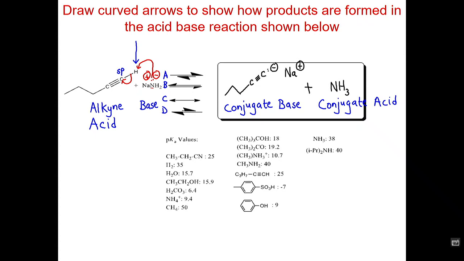The way to do that is to find the pKa's of the acid and the conjugate acid that are formed in the reaction. The pKa values are listed here. You can see that terminal alkynes have a pKa of around 25. So we write that the pKa of the terminal alkyne is 25. pKa of ammonia is listed here as 38.